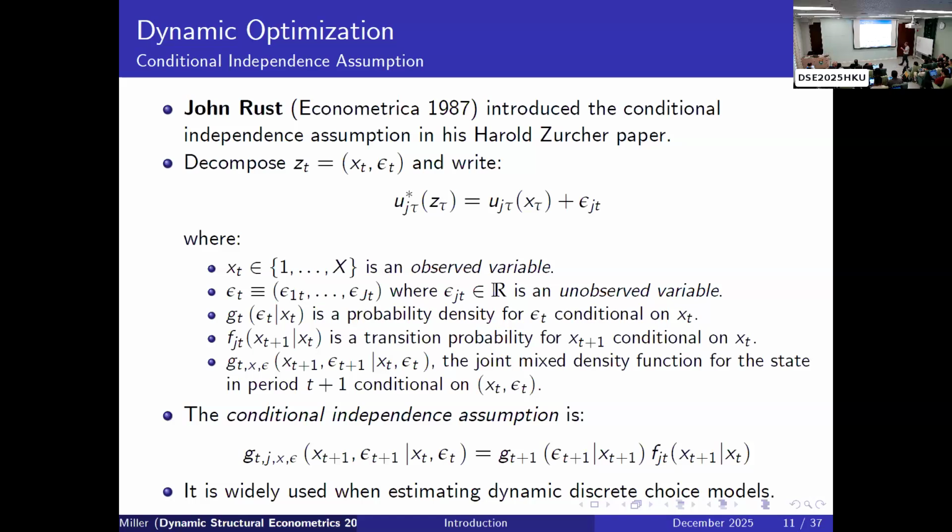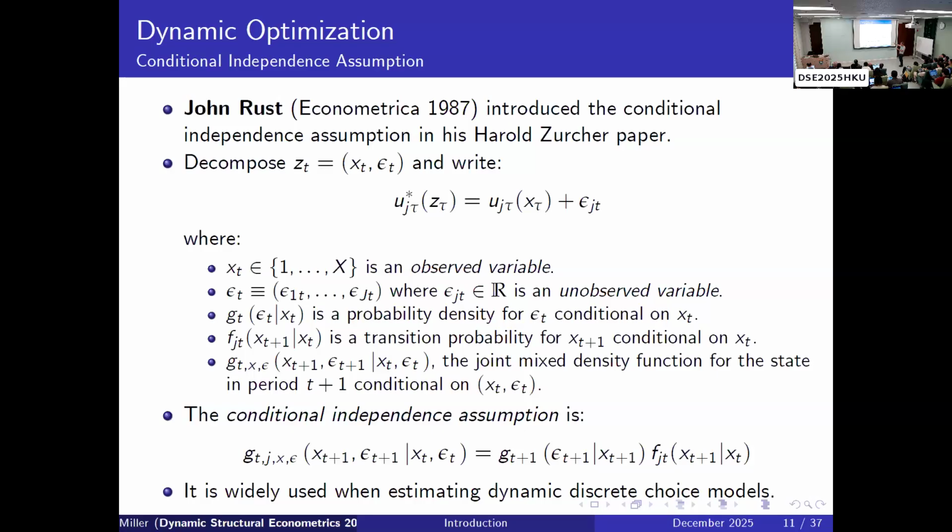There's an epsilon here for the unobserved variable and a density for the epsilon. We're going to call this the probability density for what's going to be an unobservable conditional on the xt. You can just define it that way. And likewise, I'm going to define a transition density for xt plus one conditional on xt. So we could imagine this stuff as marginalizing things out, all right?